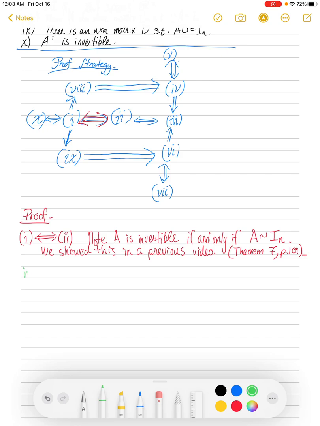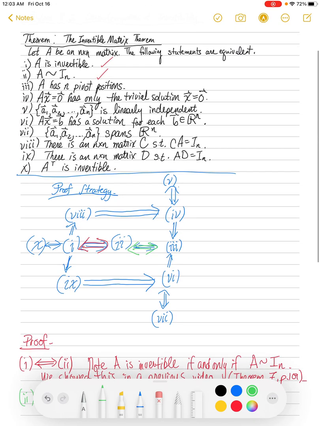Next, it looks like I go into 2 if and only if 3. This is the double arrow right here. What's 2? 2 is A is row equivalent to the identity matrix. 3 is A has n pivot positions.